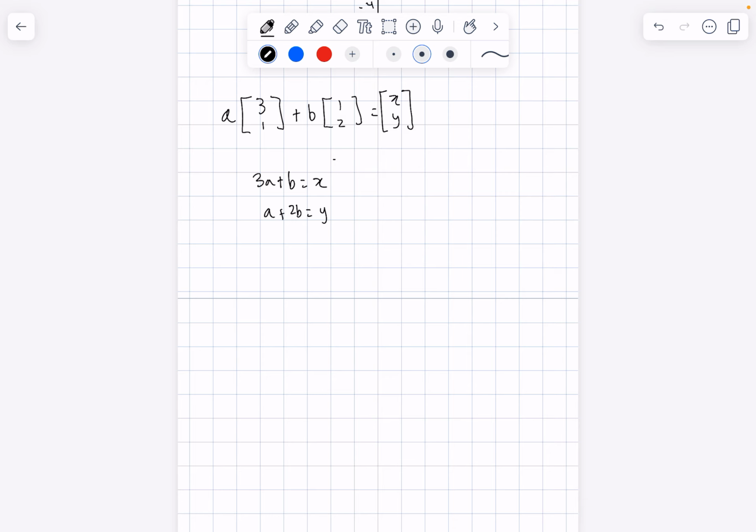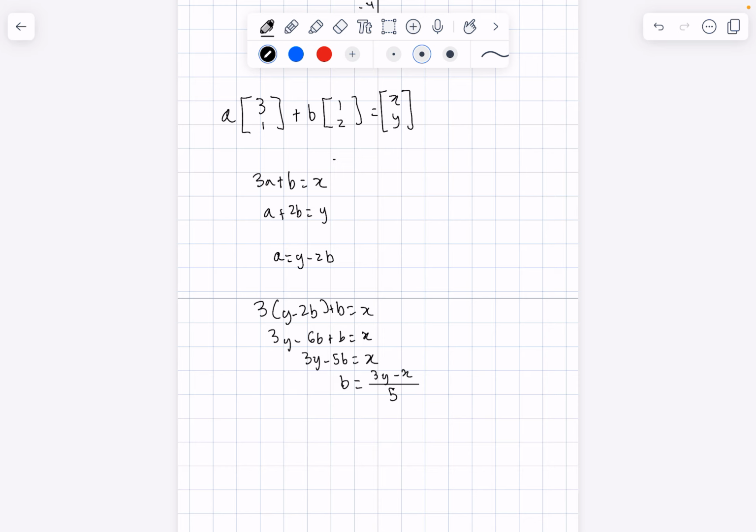So from the second equation, and by substituting into the first equation, with b equaling (3y minus x) over 5.